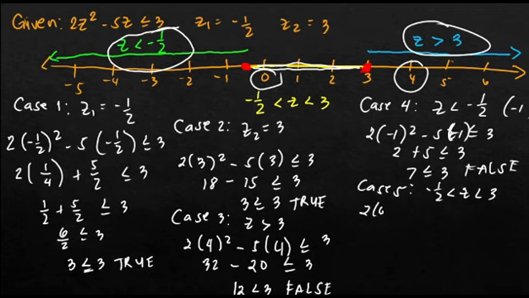So 2 times 0 squared minus 5 times 0 less than or equal to 3. Ano na to? 0 na to. So then 0 is less than or equal to 3. Is it less than or equal to 3? Correct. So this is true.